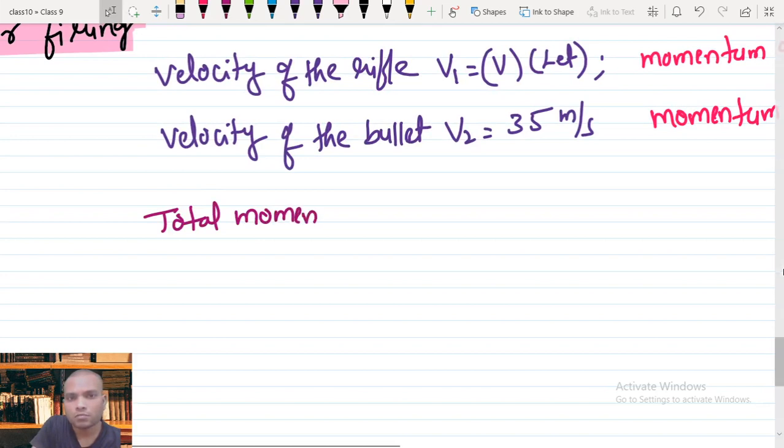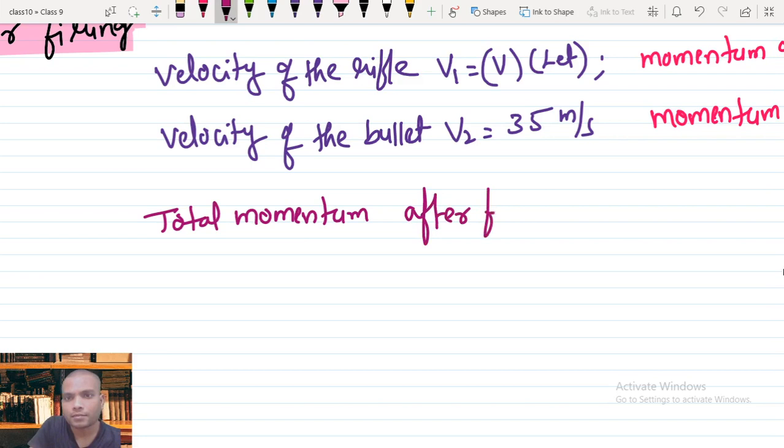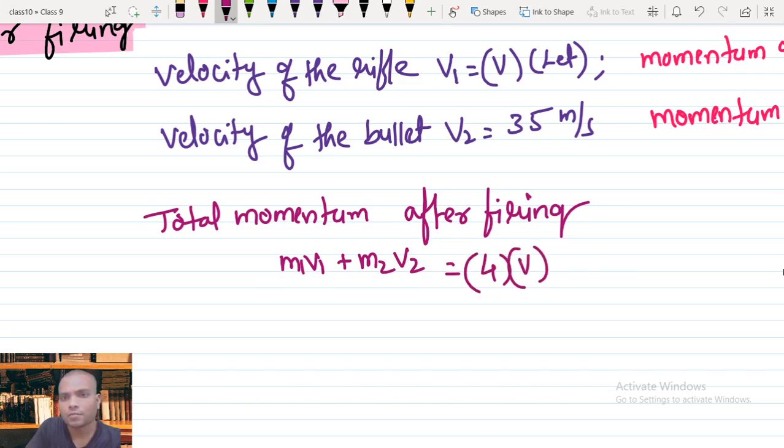Total momentum after firing equals m1 v1 plus m2 v2. So m1 value 4 and v1 value as v, plus m2 mass of bullet 0.05 and velocity 35.